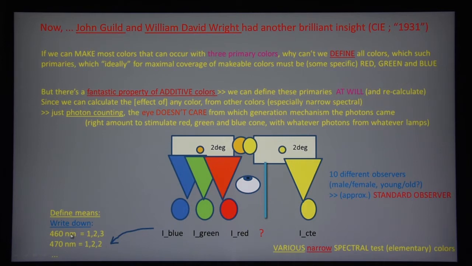So for example, for 460 nanometers, the blue is blue, you need to give this one intensity 1, this 2 times as much, this 3 times as much. If you make the blue a little bit more greenish, it needs to be 1 to 2 and so on, and you write down all these numbers.